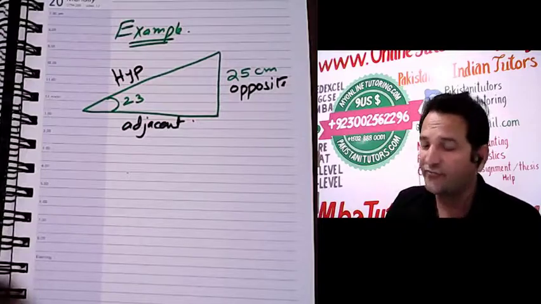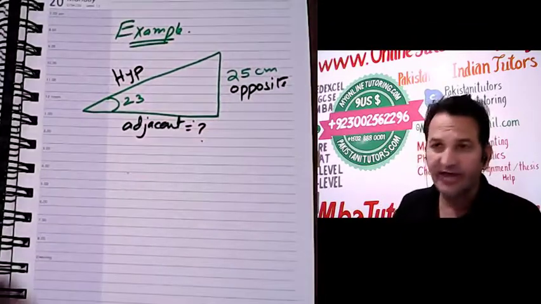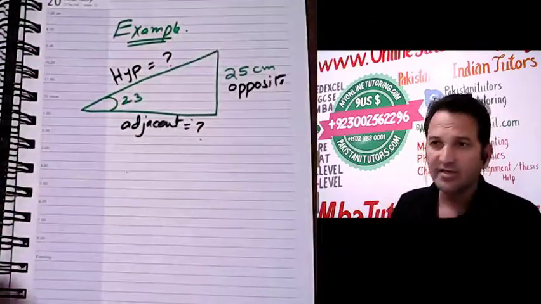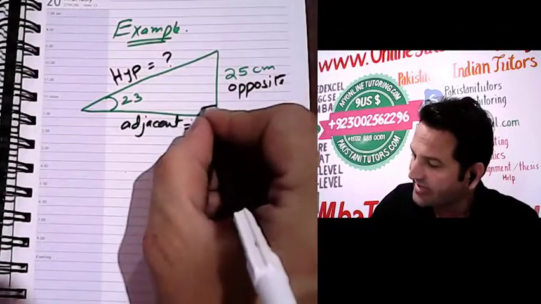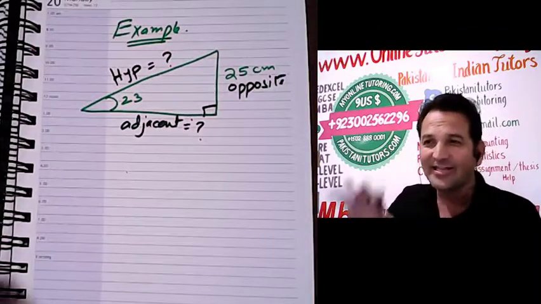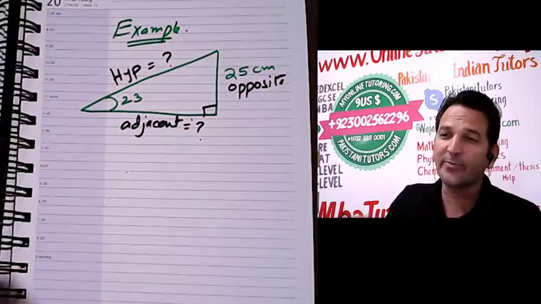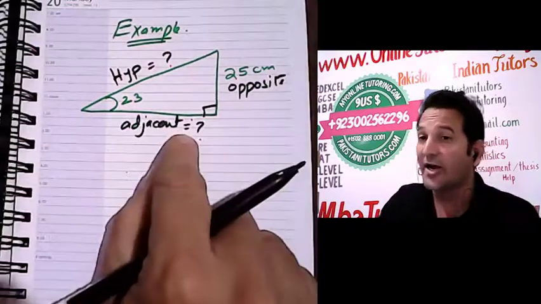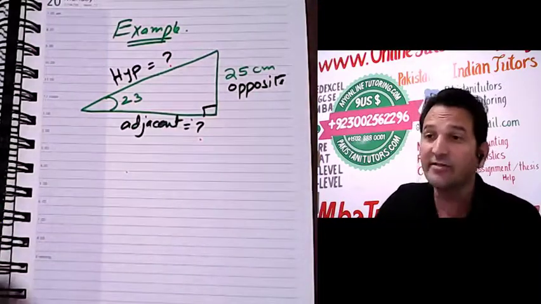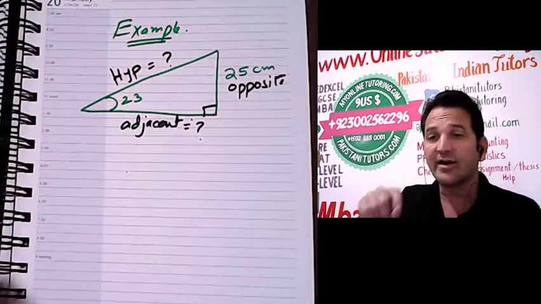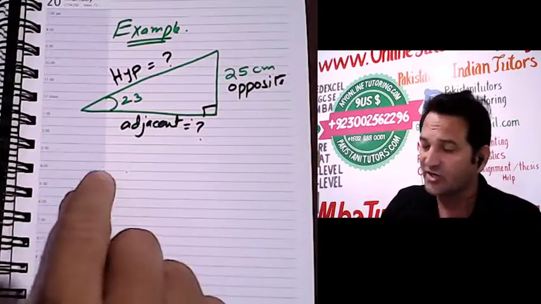Now we have to find out the adjacent side and the hypotenuse. Definitely we are applying the Pythagoras theorem, or we are applying the trigonometric functions on a right angle triangle. The laws whatever we are applying are related to right angle triangle.